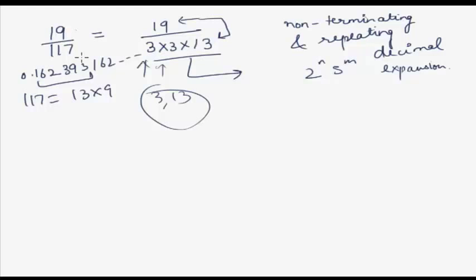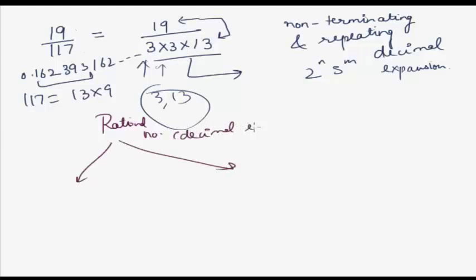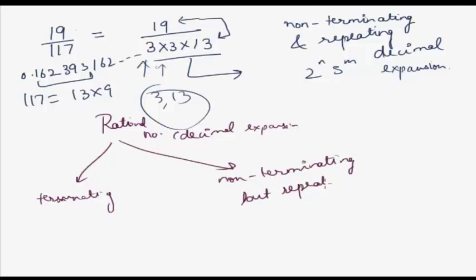So friends, we have studied that rational numbers can have the decimal expansion as either terminating or non-terminating but repeating.